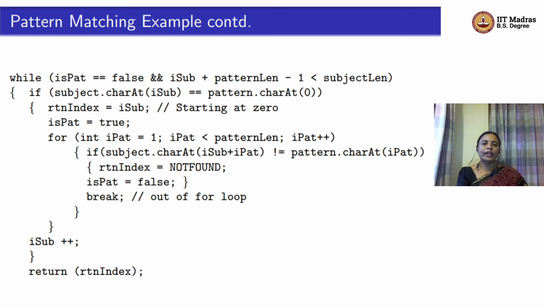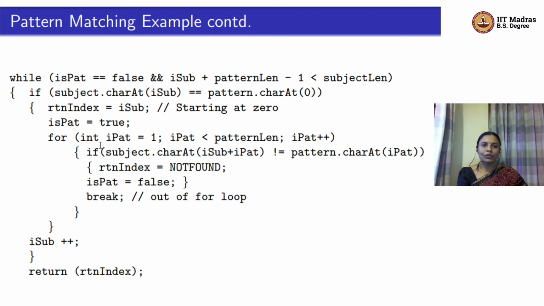Then it checks the character at this particular index iSub in the subject. If it matches the first character in the pattern, at index 0, then you say, okay, return index is iSub. I found the pattern maybe, so set it to true, and then check if the subsequent characters of the pattern are found in the same order in the subject.